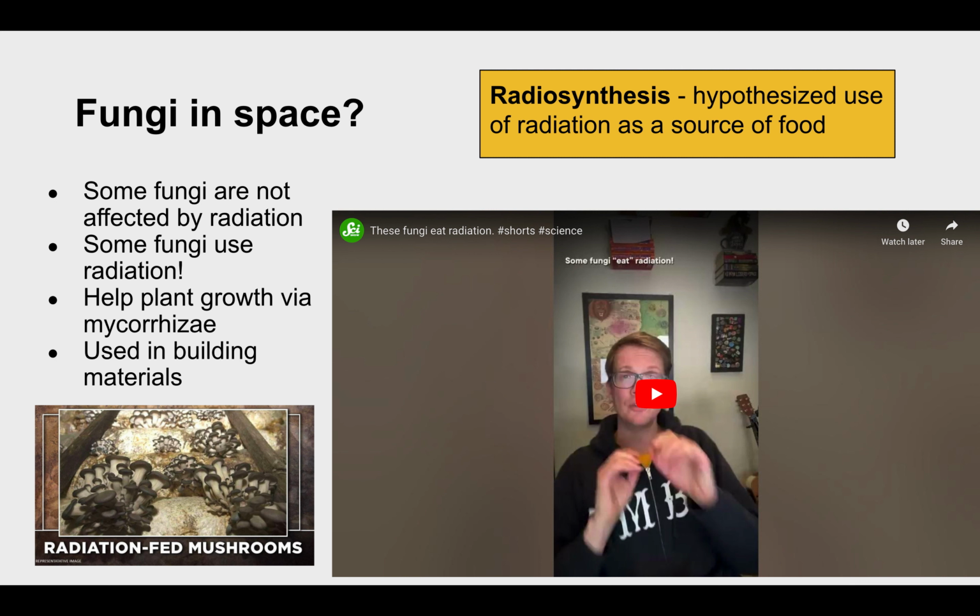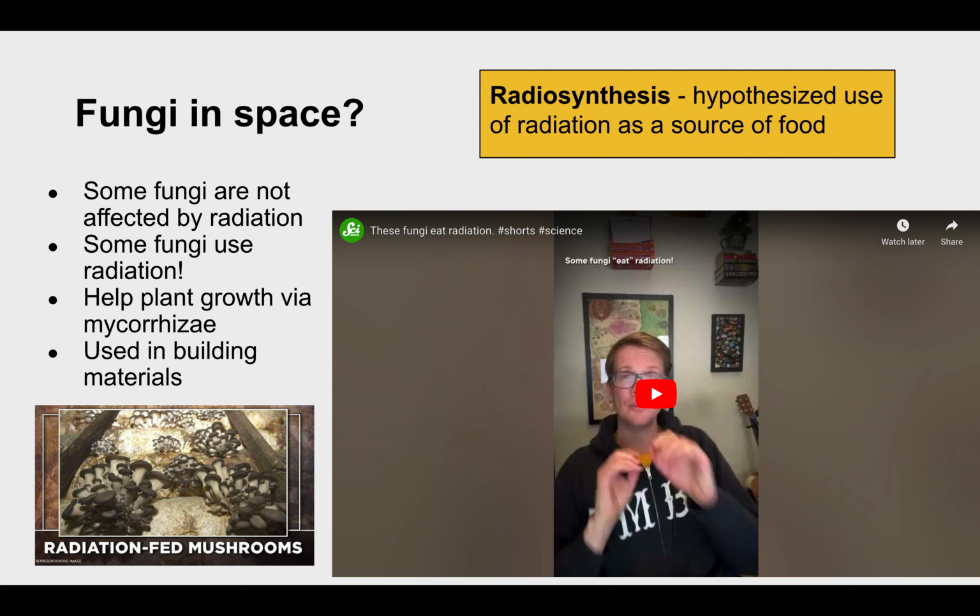Let's see, fungi in space. If we're thinking about eventually colonizing other planets or going to other planets long term, the Moon or Mars, we don't have a lot of nutrients in those regolith soils. Mycorrhizae are really great at getting nutrients, so we might think about mycorrhizae as a way to help plant growth.